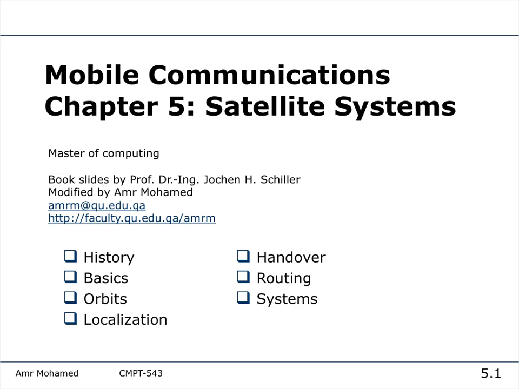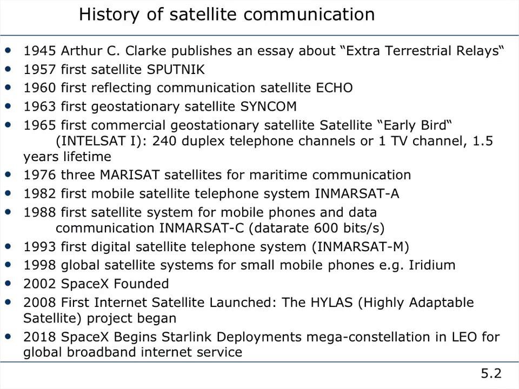So we need to talk about some historical chronological events where satellite systems have actually evolved, and what are the use cases, the applications, what are the basics related to satellite systems, and what are the different types of satellites, also how localization, how handover is performed, why do we need to do routing for the case of satellite systems, and so on. So these are the main topics that we need to cover in this chapter.